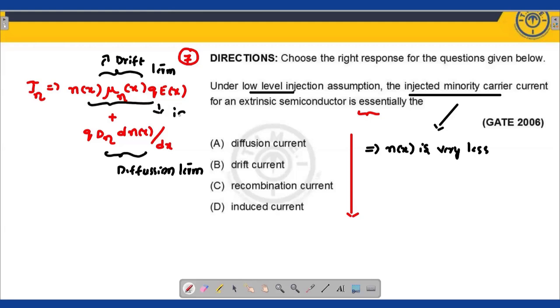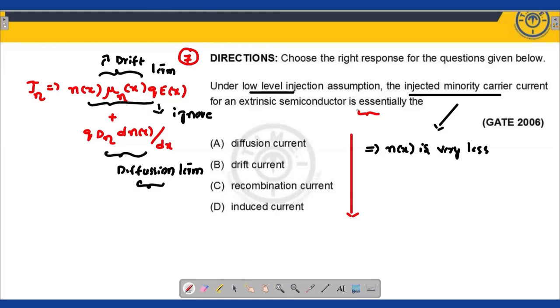We can ignore because it is very less. Very less means at one time it becomes zero. So only what, my dear friends, here? It consists of the two currents. One is the drift term and second one is the diffusion term. But all the things he has given, my dear friends, in the form of diffusion, drift, recombination, and all those things. So what is the term that is left?